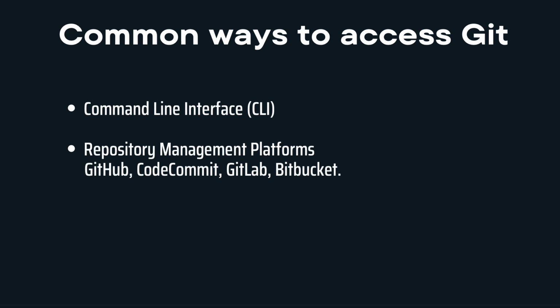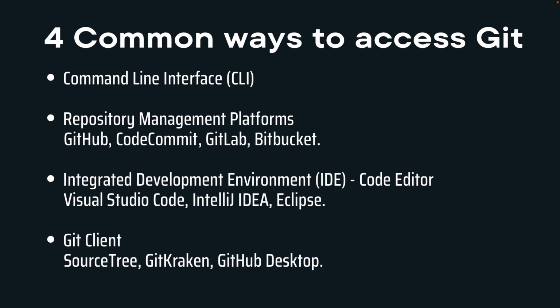So in general, you can access and interact with Git repositories through various methods. And the 4 main ways are command line interface, repository management platform like GitHub, CodeCommit, GitLab, Bitbucket, integrated development environment or IDE or code editor such as Visual Studio Code, Eclipse, Git client like SourceTree, GitHub Desktop, and so on.